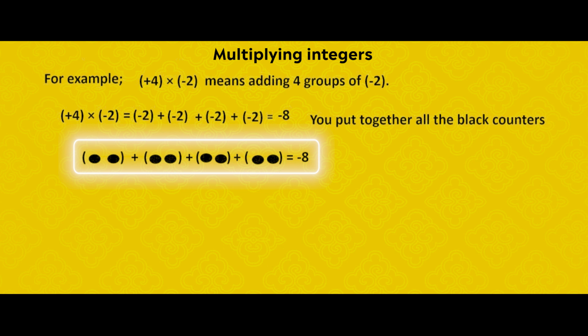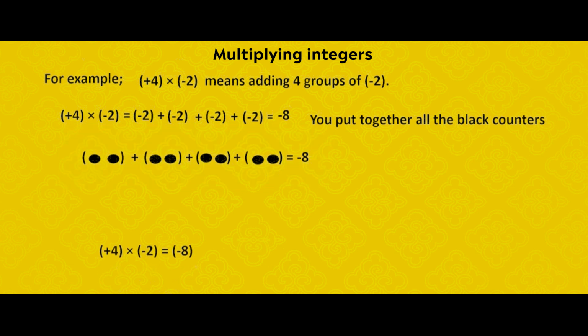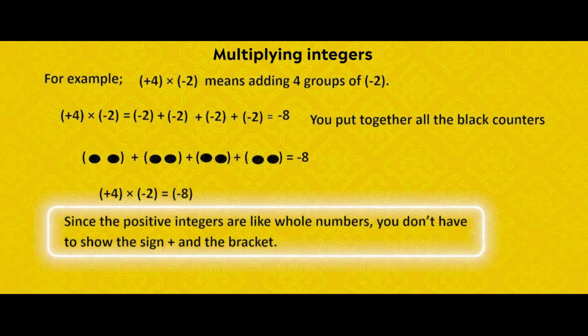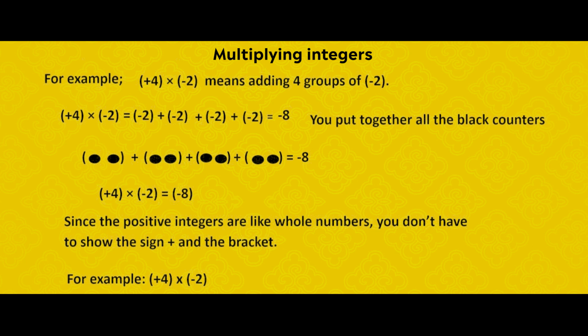Therefore we can say positive 4 times negative 2 is equal to negative 8. Since positive integers are like whole numbers, you don't have to show the plus sign and the bracket. For example, positive 4 times negative 2 can be written as 4 times negative 2.